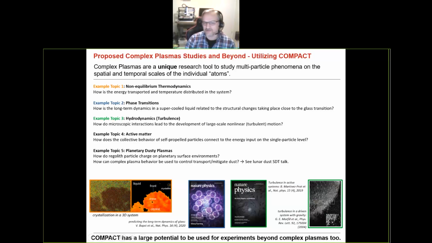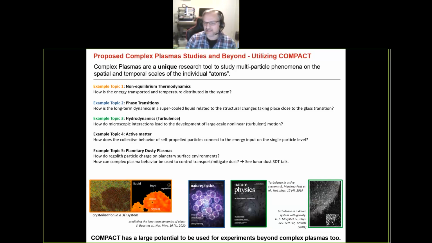But you could also potentially study supercooled liquids, or investigate the glass transition by having a fast cooling method, or with Compact, which would be predestined to compress the system rapidly and therefore increase the coupling and trigger a transition in this way.